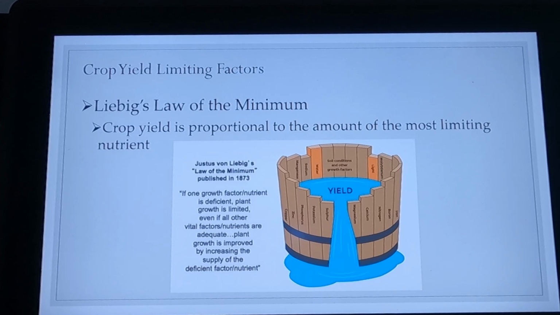So you can only get as much yield as, let's say, the level of phosphorus. If phosphorus is low and everything else is high, you're only going to make whatever the yield would be for the level of phosphorus that you have. Until you increase the phosphorus level, it doesn't matter what you do to any of the others, because you're still low in phosphorus. That's the standard fundamental concept of soil fertility.